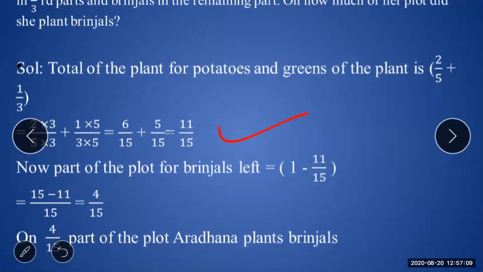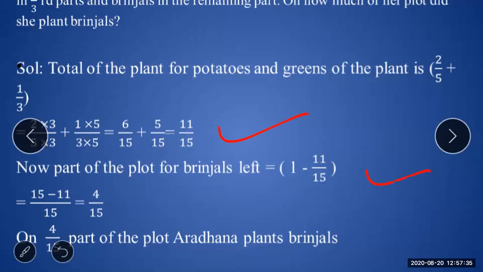The remaining part was the brinjal part. The whole was 1, so we have to subtract 11 upon 15 from 1. So I have written here, part of the plot left for brinjal. Brinjal के लिए कितना left हुआ? 1 minus 11 upon 15.